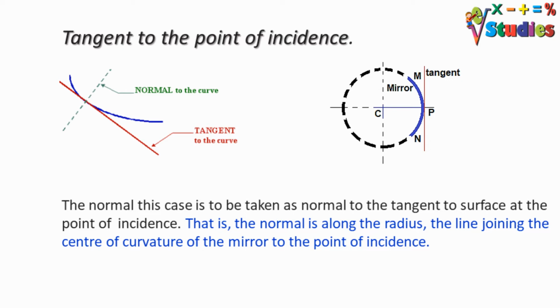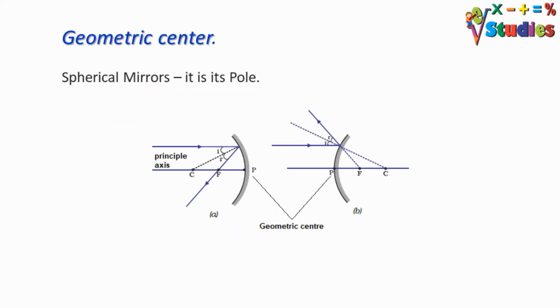Hope this idea of tangent at the point of incidence makes sense to you. In the next slide, we have the geometric center. For spherical mirrors, the pole P is the geometric center.